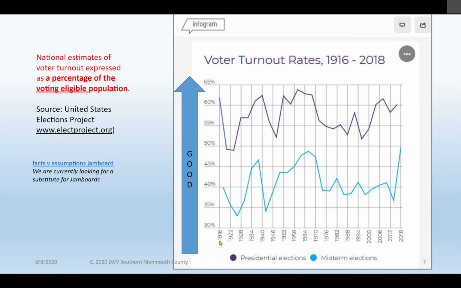Because they're trying to show, like in 1916, there's a dot right there. And then in 1922, it slides through there. So it's probably that there's a presidential election and a midterm election, a presidential election, and then a midterm election.